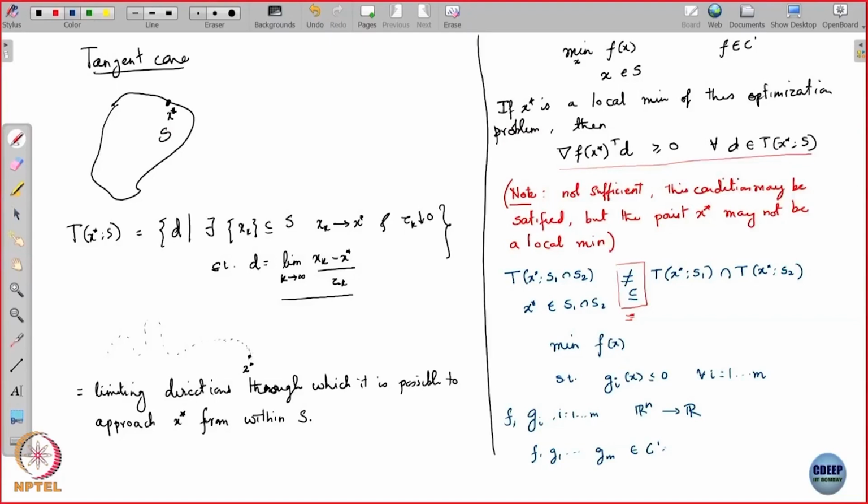Now what we will do is see if we can somehow get to an understanding of the tangent cone of this particular set.